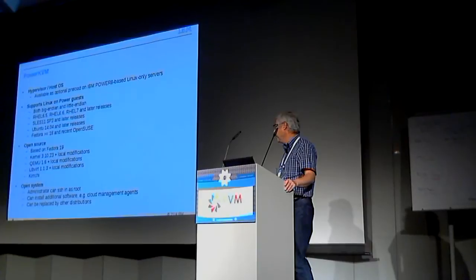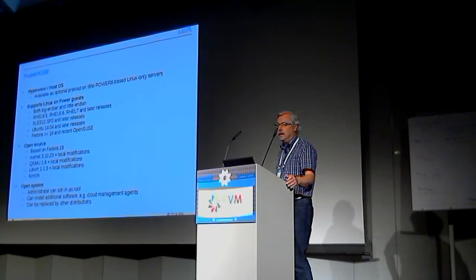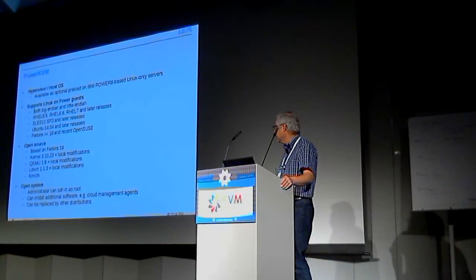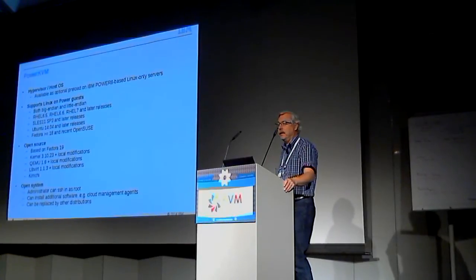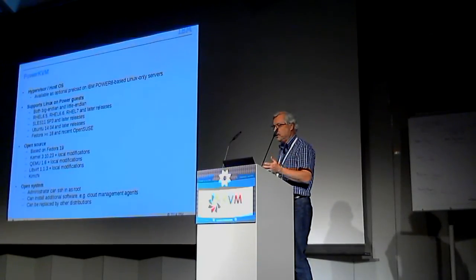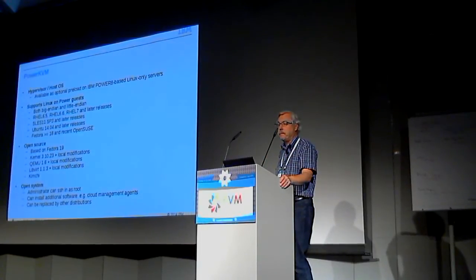You can install additional software if you've got cloud management agents, OpenStack, oVirt, the Rev agent, what do you call it? Yeah, and other things like that you can install. Or if you like, you can actually replace it completely by another distribution. And once we have the enterprise distributions supporting running on these machines in hypervisor mode and supporting guests, that will be quite a viable option.